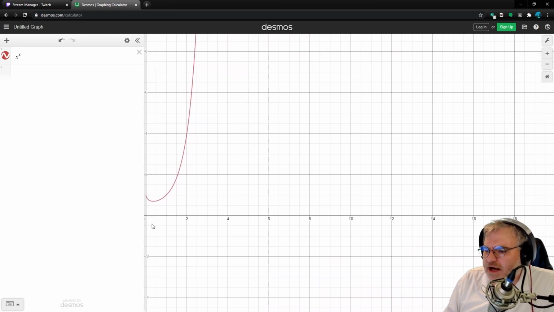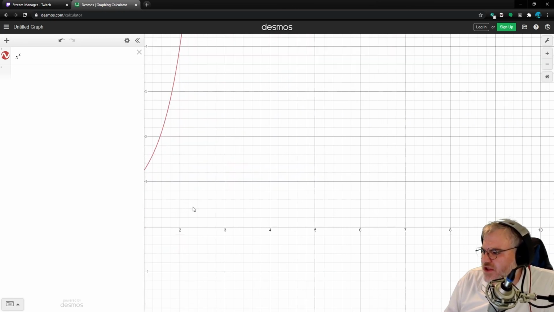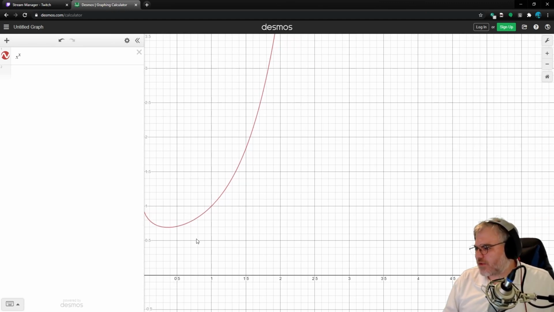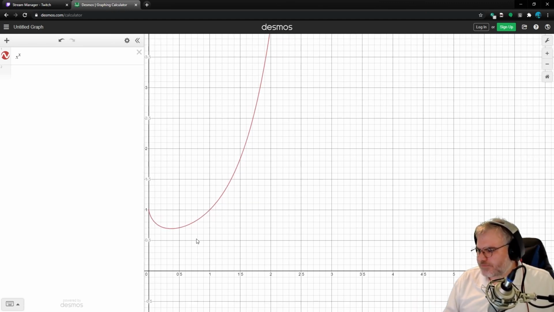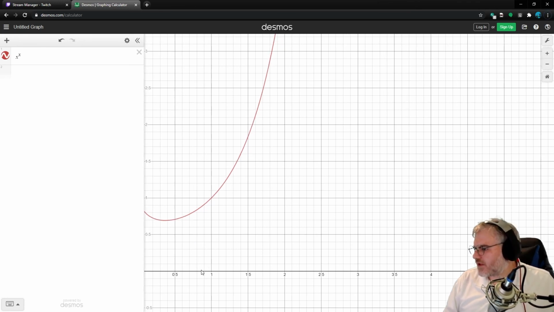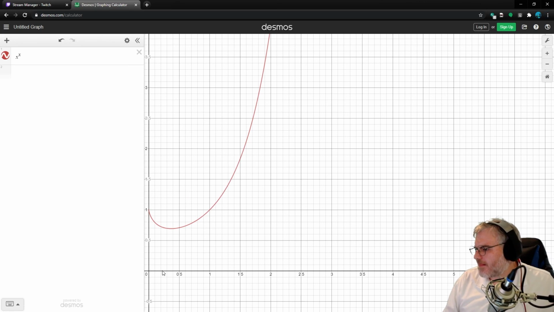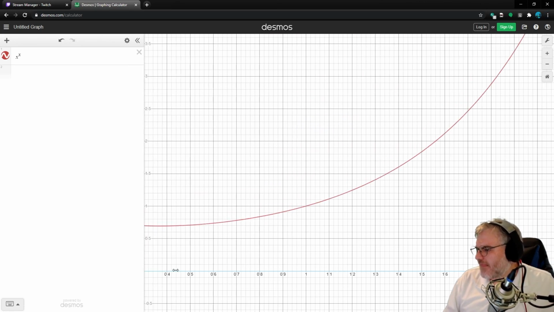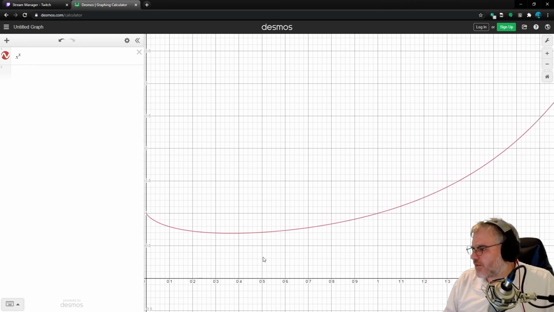But let's look at what happens if we restrict ourselves to x being greater than 0, because this function is actually kind of cool. This function is actually really cool on the positives.